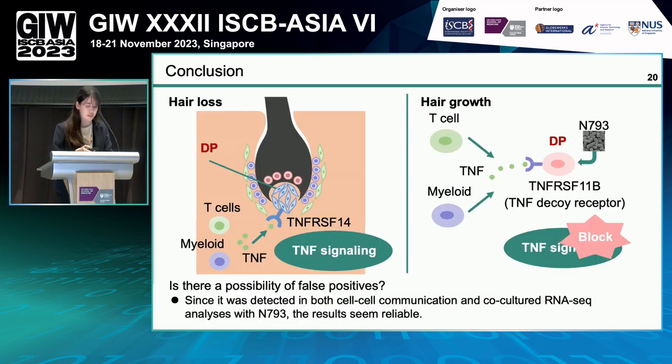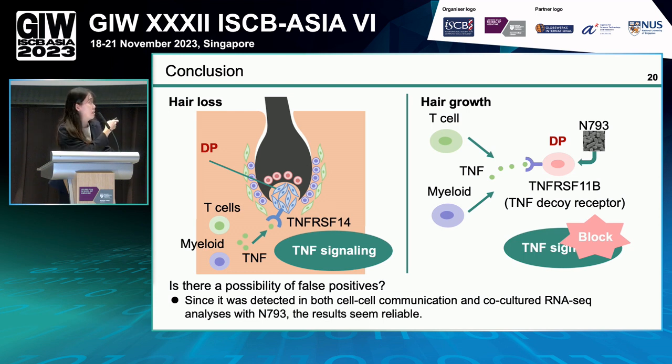Lastly, the conclusion. In the hair loss state, TNF is produced from T cells and myeloids. TNF is received by TNFRSF14 expressed in DP. TNF activates TNF signaling.